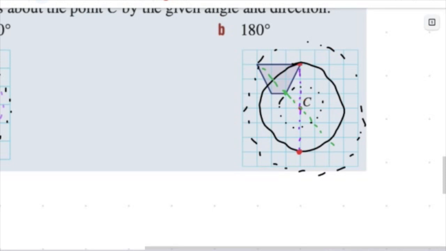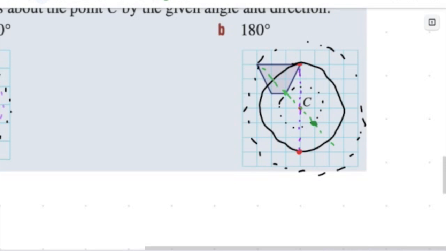And that's why I've drawn this little circle down here to show you. I'm going 180 degrees over here. Oh, let me do that in this color. I'm going 180 degrees, and I'm going to wind up at this point here.